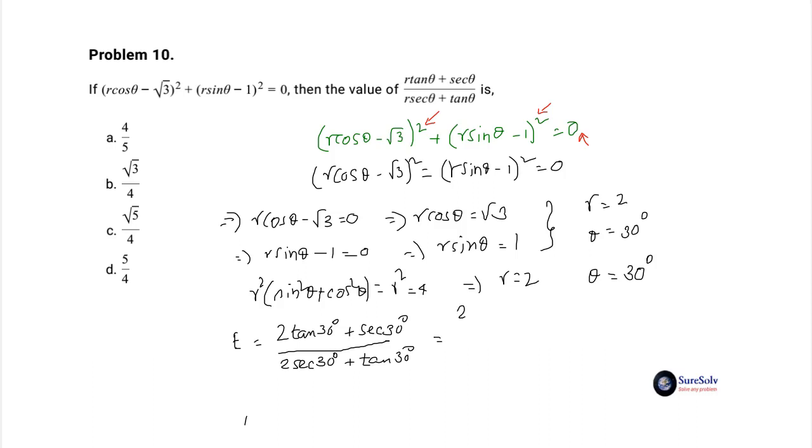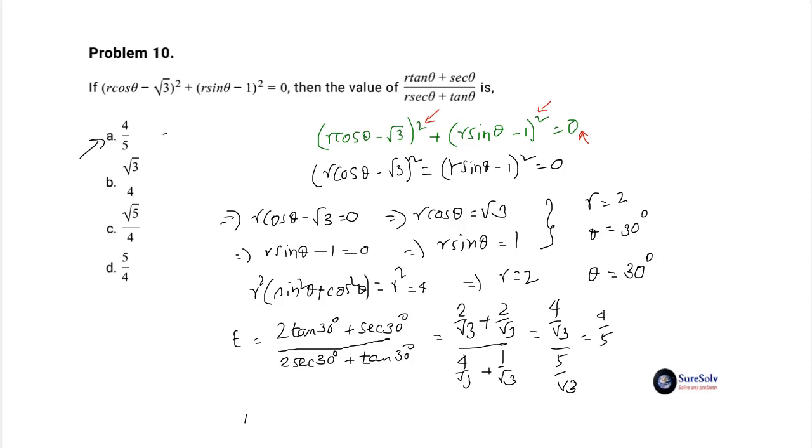Equal to 2 by root 3 plus 2 by root 3 divided by 4 by root 3 plus 1 by root 3. Equal to 4 by root 3 divided by 5 by root 3 equal to 4 by 5. Answer is option A, 4 by 5.